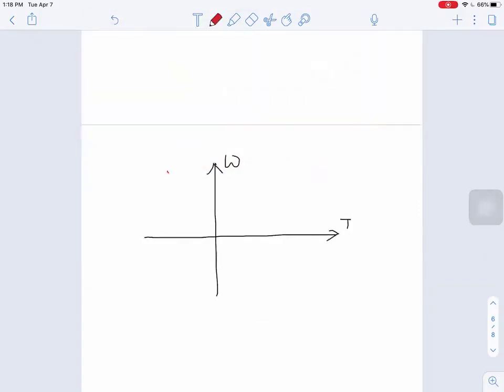So if you apply 0 volt constant voltage, that's a curve, the speed torque curve under that constant voltage. And so this line would divide this space into two regions, right?